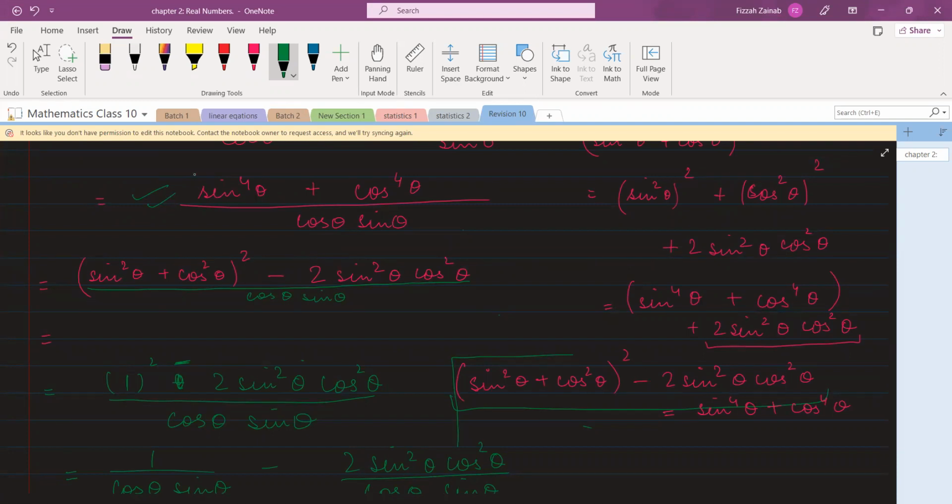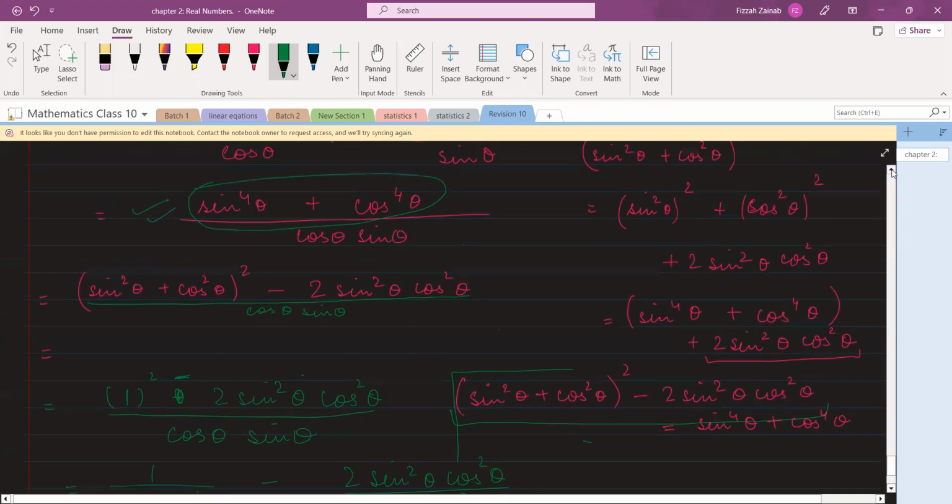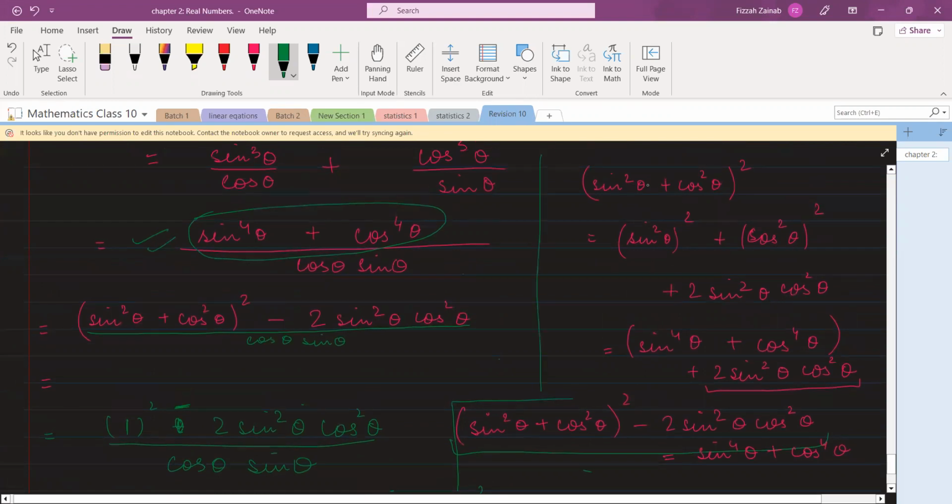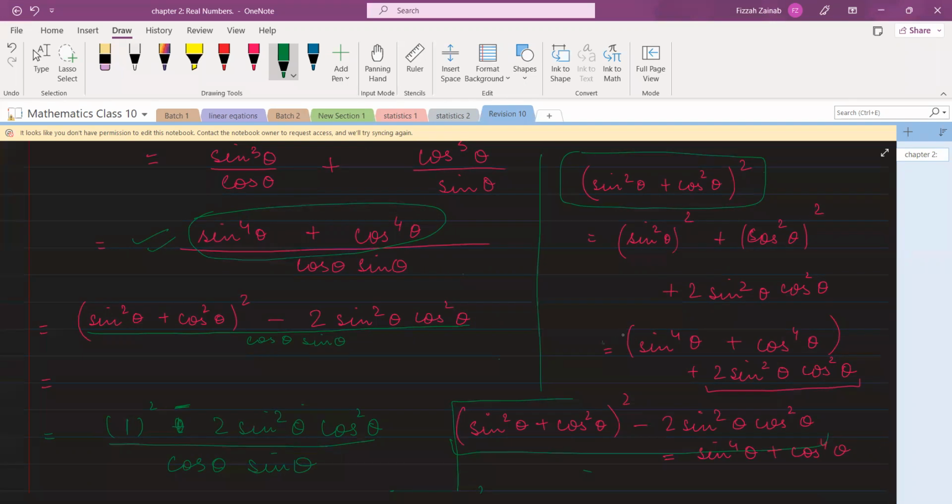So basically I want to replace this whole thing. I have just randomly taken this sine square theta plus cos square theta whole square, and I'm expanding this bracket, right? So here I am getting sine 4 theta plus cos 4 theta plus something. If I take this term on the left hand side, on the RHS only sine 4 theta plus cos 4 theta will remain.